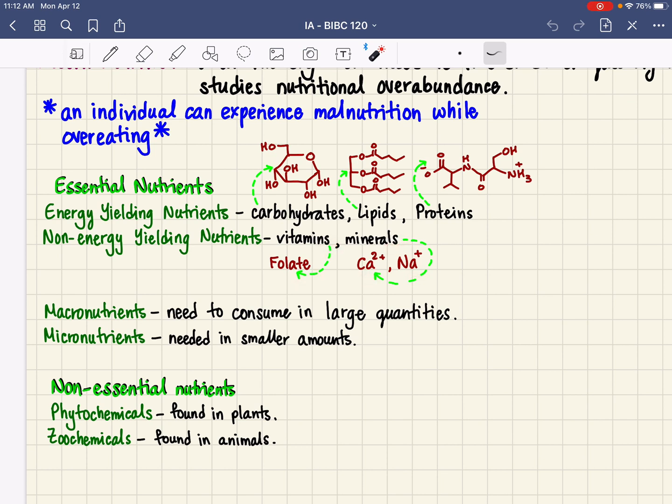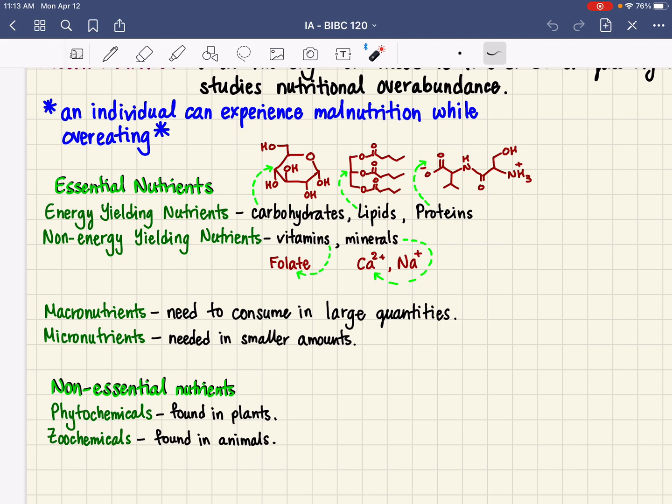Now, these are nutrients that are still essential in our diet because we need folate to, for example, many pregnant individuals take folic acid. Folate, because it is important in genetic material building, I believe.